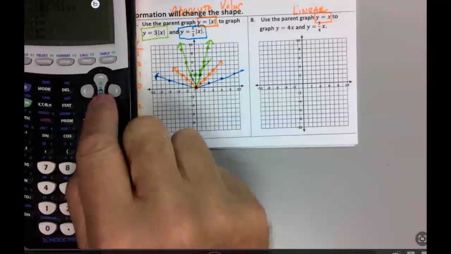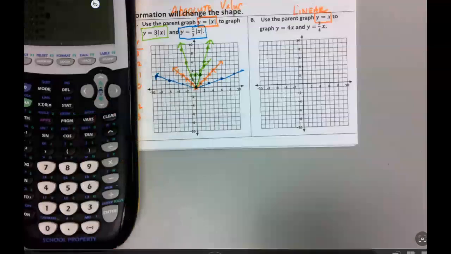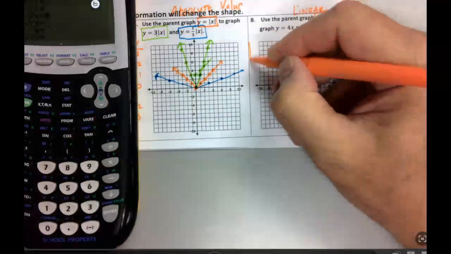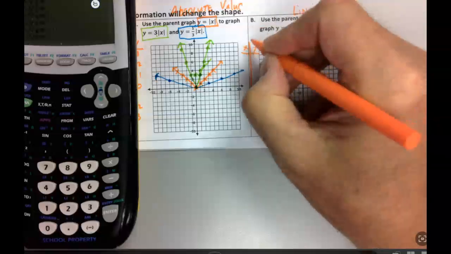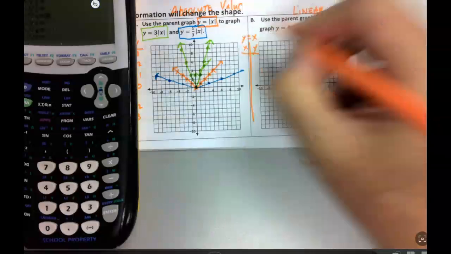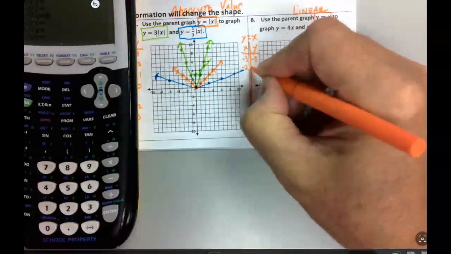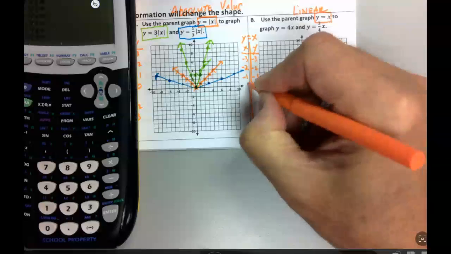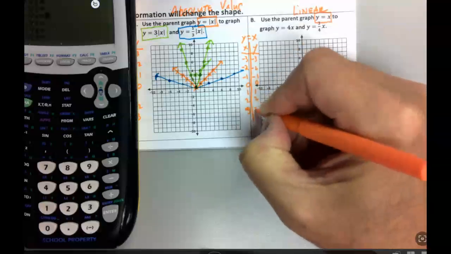You should remember from a line, the T-chart, y equals x is my parent function: -3, -3, -2, -2, -1, -1, 0, 0, 1, 1, 2, 2, 3, 3, correct?